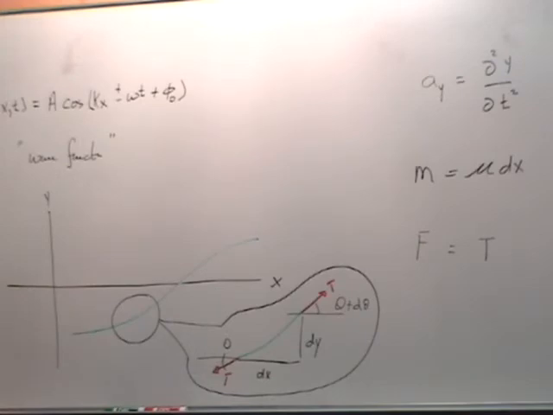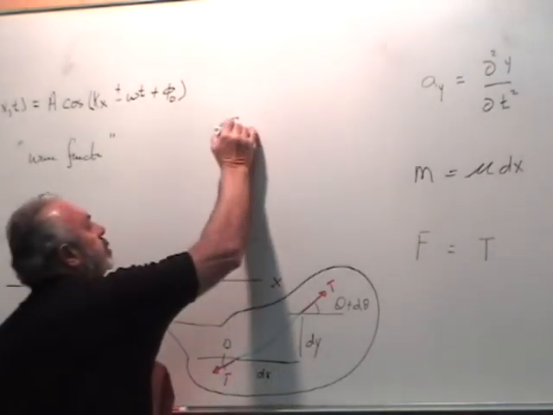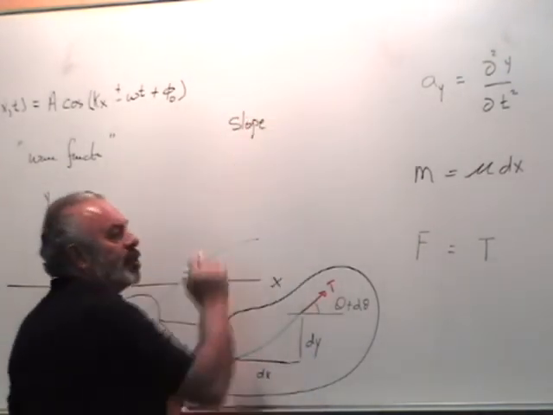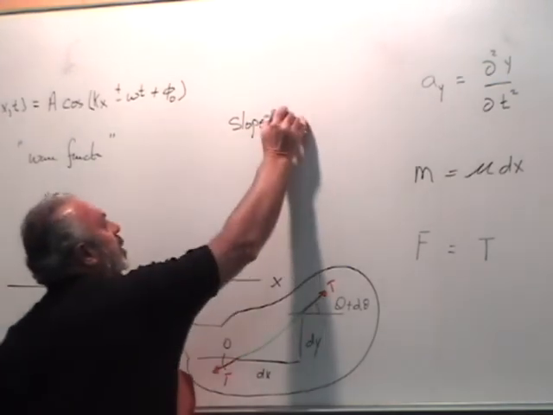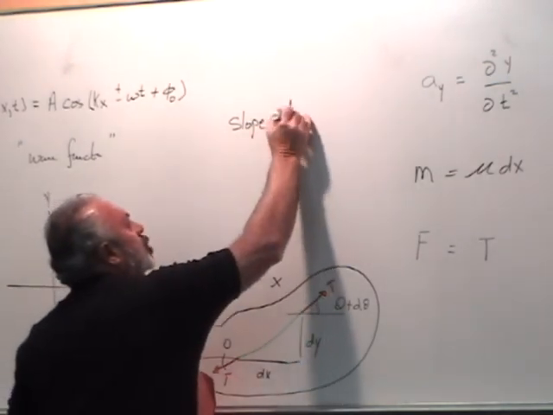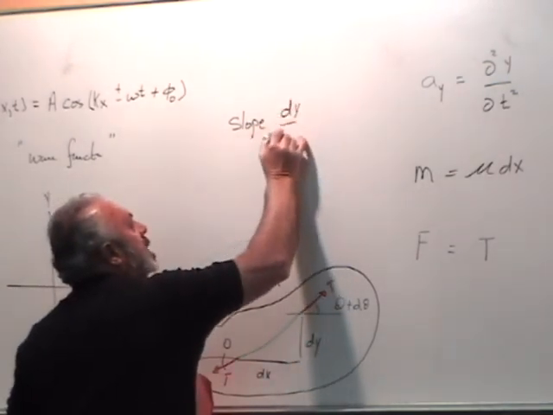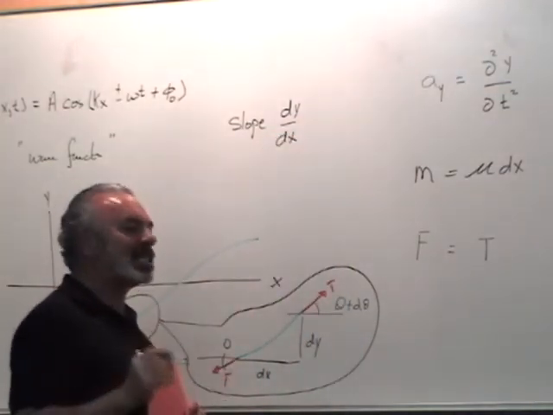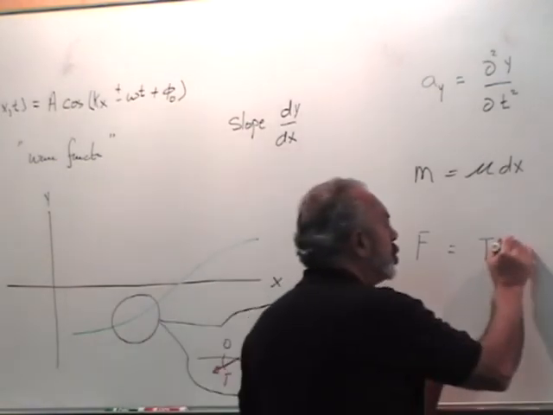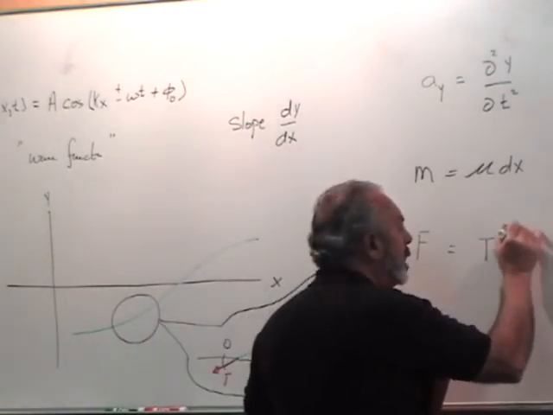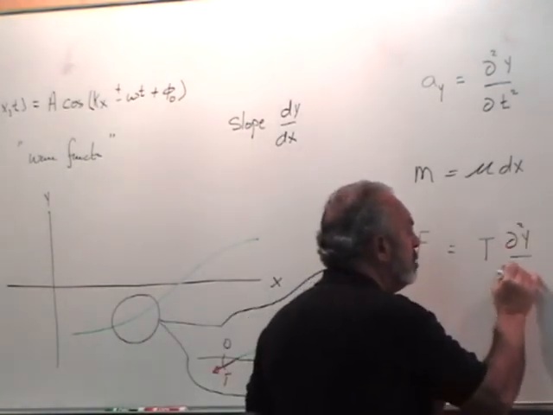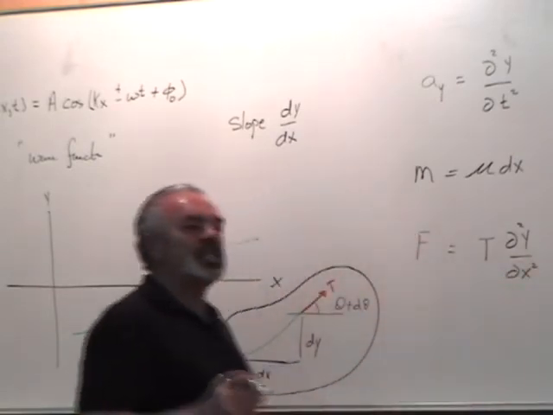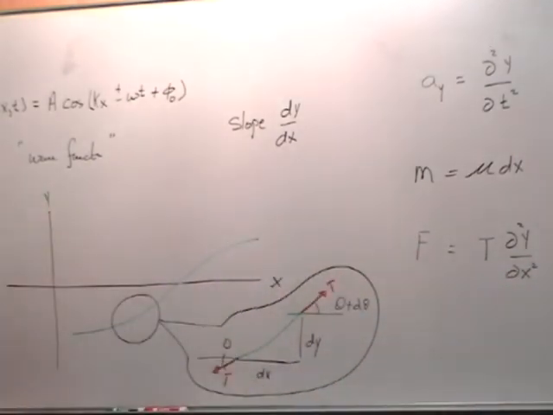As you recall, the slope is the first position derivative, dy/dx. But for us, we want not the slope, the change in slope, so it's going to be d squared y over dx squared. So it's the first position derivative of slope. That's the rate of change of slope along dx.